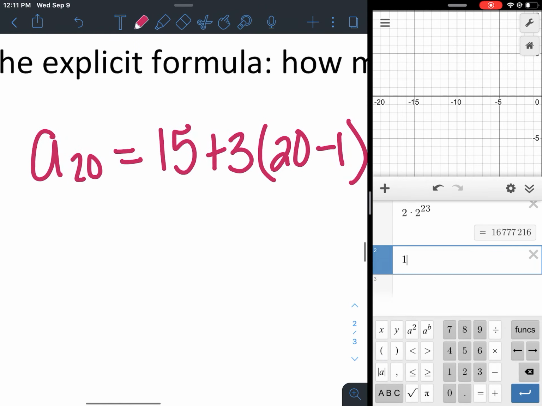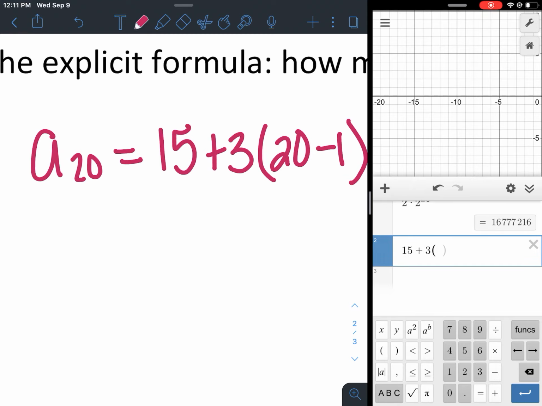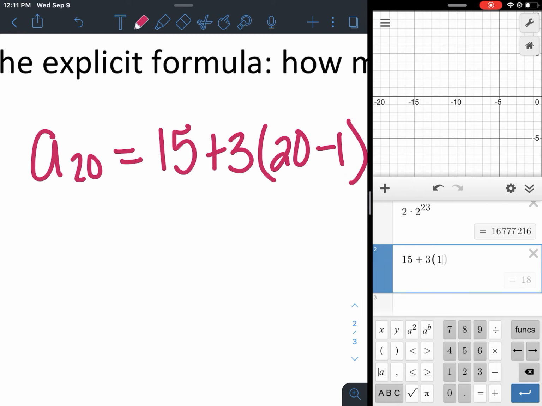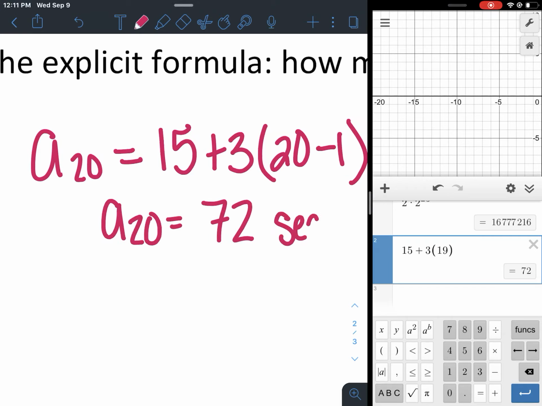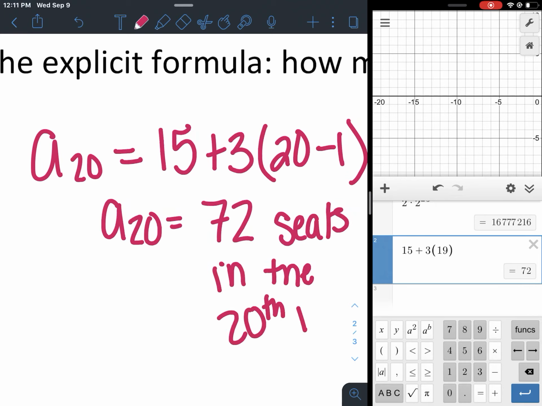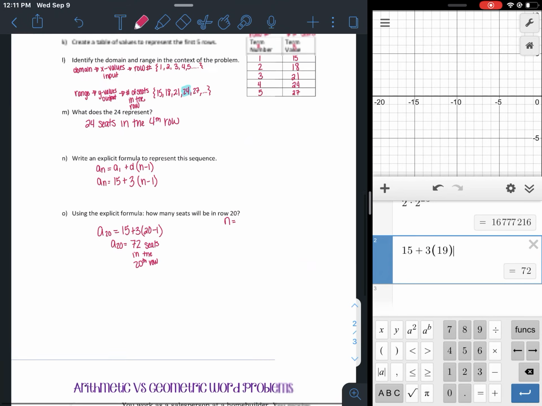Type that into my calculator. 15 plus 3 times 20 minus 1, 19. So a sub 20 equals 72 seats in the 20th row.